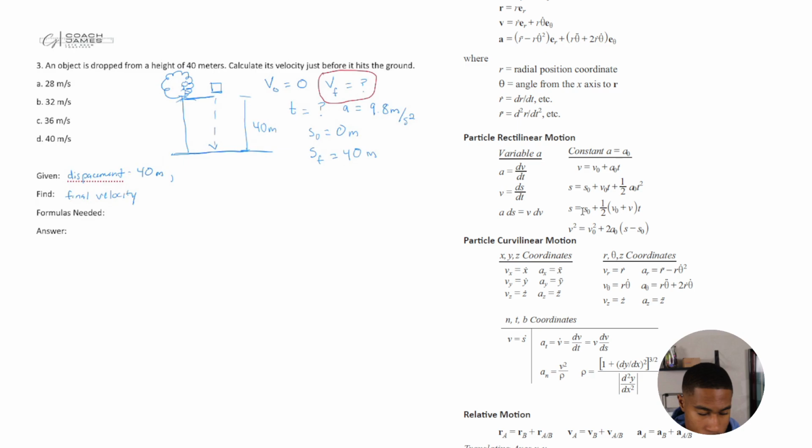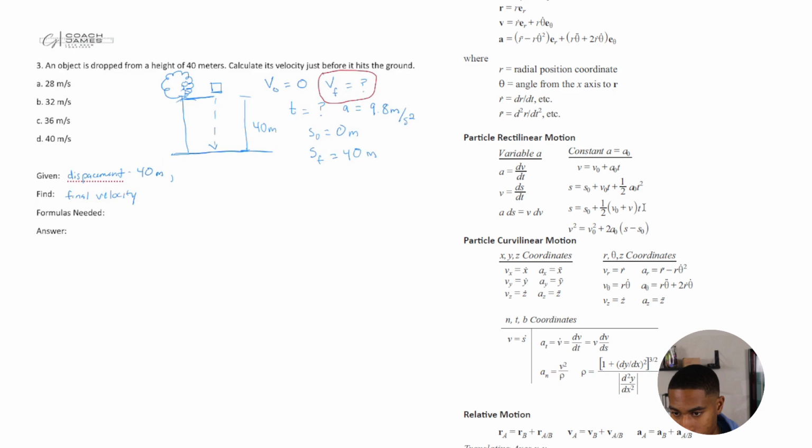So do we have S final? Yes. Do we have S initial? Yes. Do we have V initial? Yes. Do we have V final? No. Do we have time? No. So this one is two unknowns again.